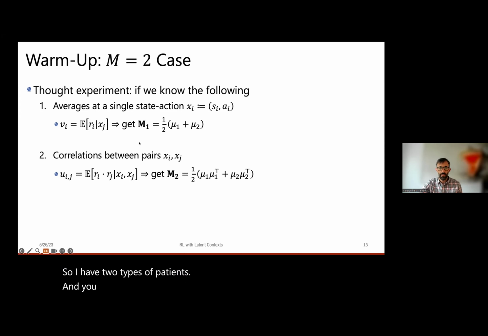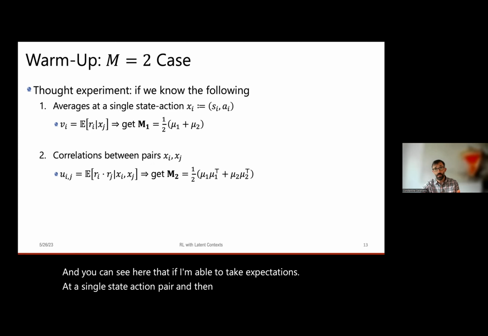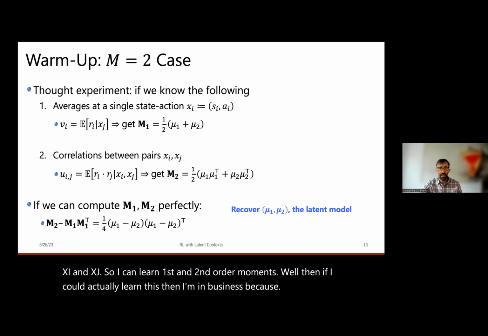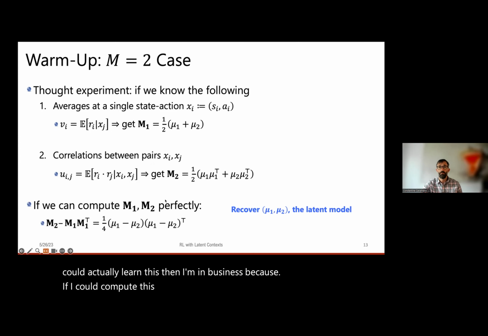And you can see here that if I'm able to take expectations at a single state action pair and then at pairs of state action pairs, so Xi and Xj, so I can learn first and second order moments, well then, if I could actually learn this, then I'm in business, because if I could compute this imperfectly, or even approximately, then you can see that I can essentially compute a rank 1 matrix, and if I factorize that, I would be able to find mu1 minus mu2.